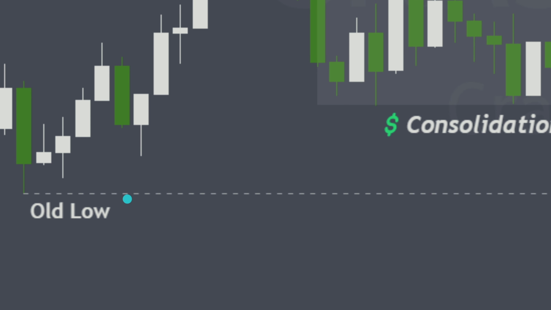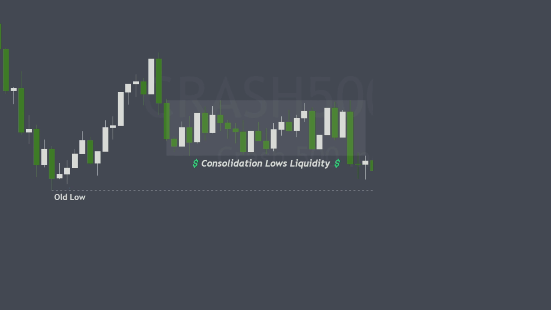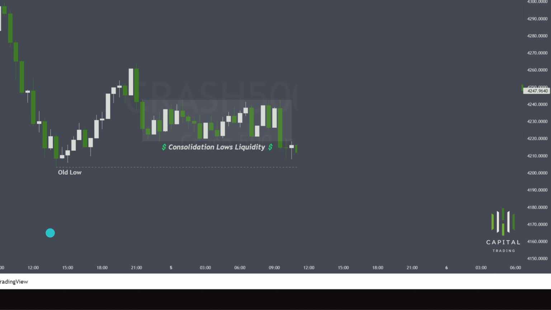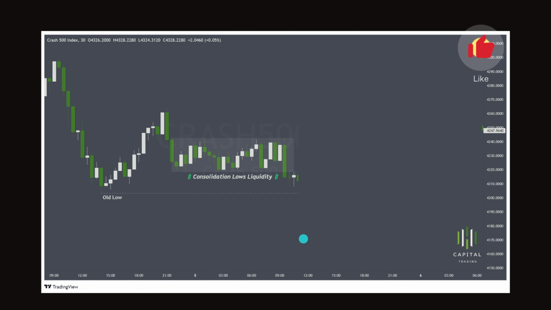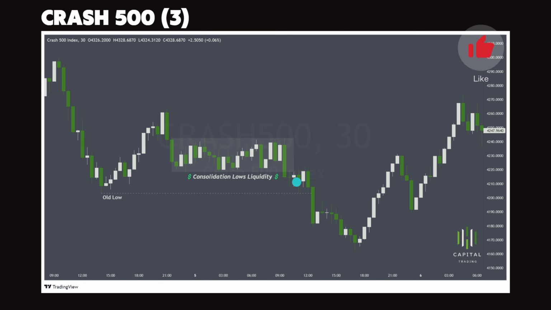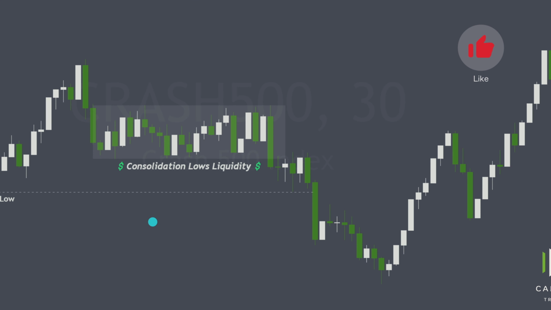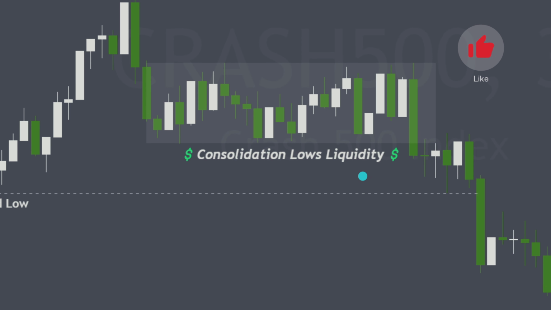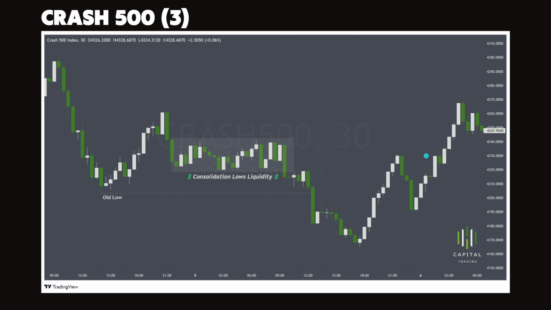Also, we had this old low here, from the fourth, around 1430. Then we had price going up and consolidating for some time. Eventually price did go down to reach into our 1430 low here, as well as our consolidation lows liquidity.